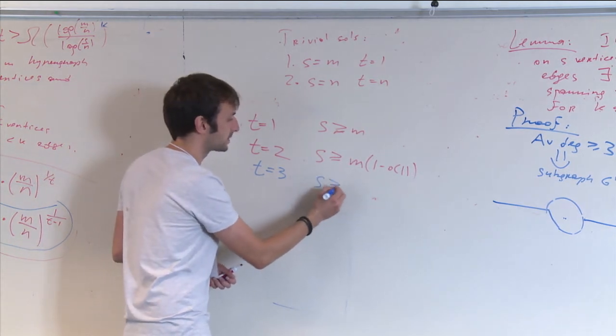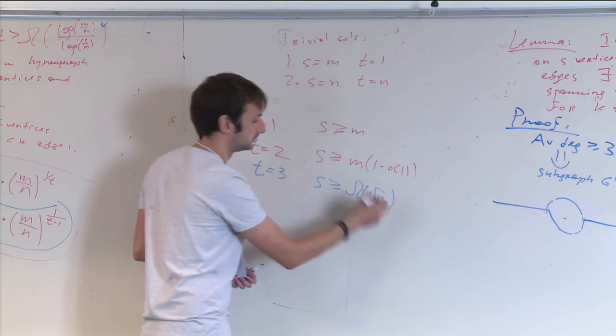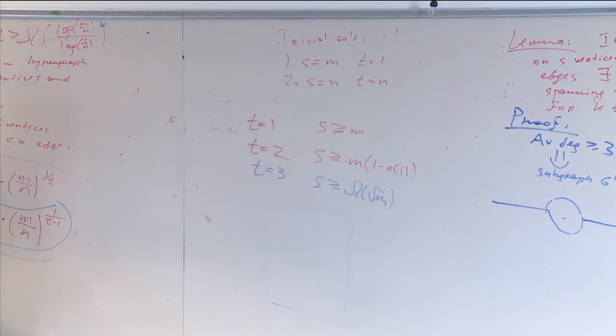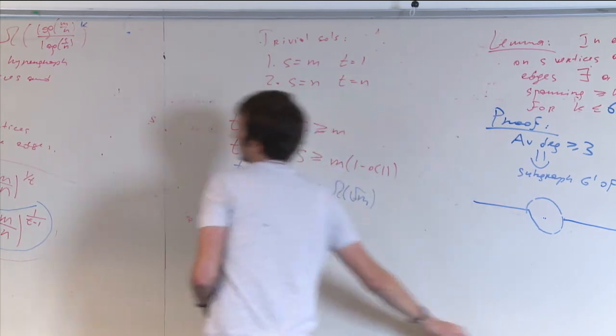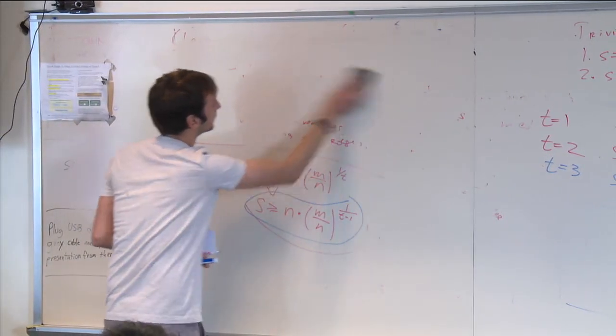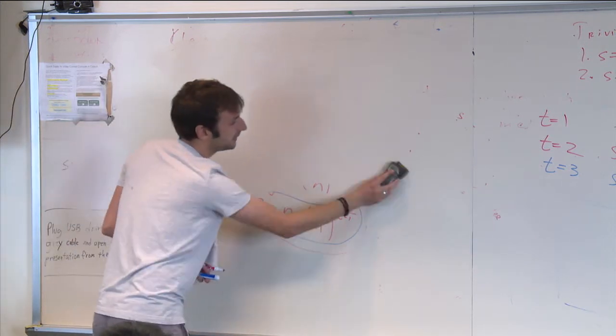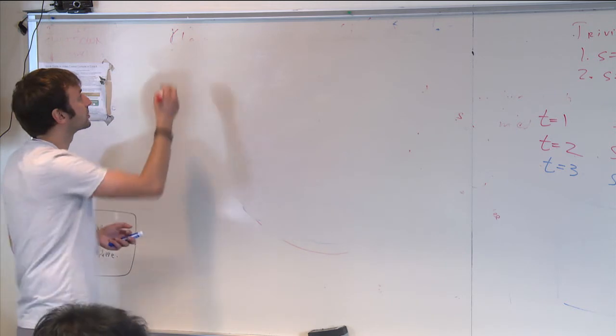Say we'll prove S is at least order of square root of m when t equals 3. So in this case, what do we want to prove? We want to prove that every 3 uniform hypergraph with many edges also contains a set of vertices spanning more edges.